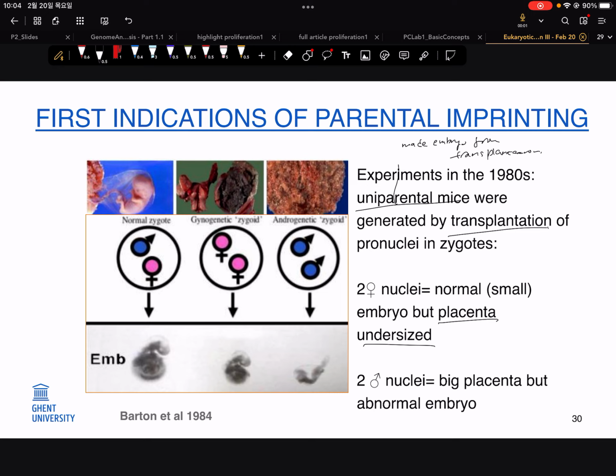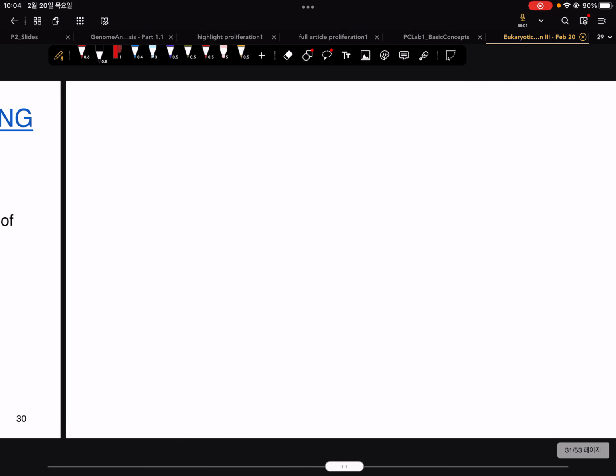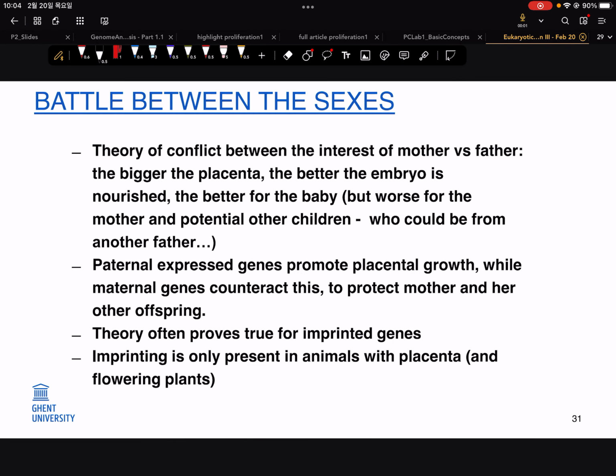And the evolutionary theory that explains imprinting is, in fact, the theory of the conflict between sexes. There is a conflict there of what, as father or as a mother of this embryo, you want to achieve. Many of the imprinted genes have specific effects related to placental growth, embryonic growth, and so on.